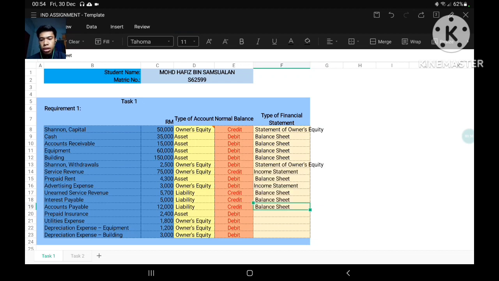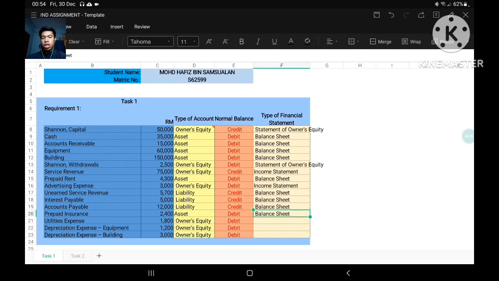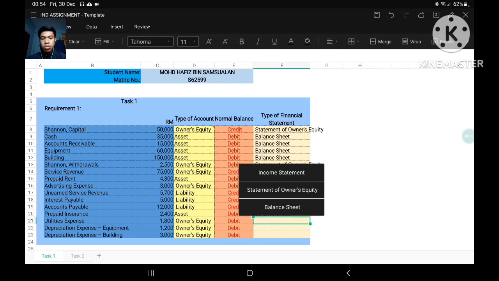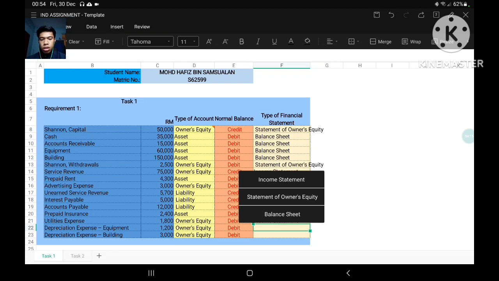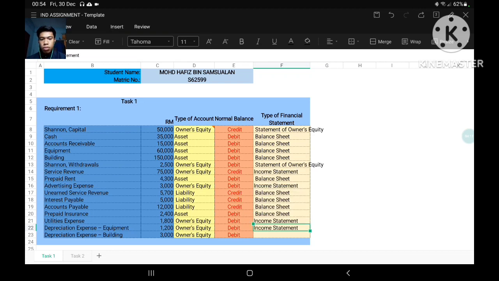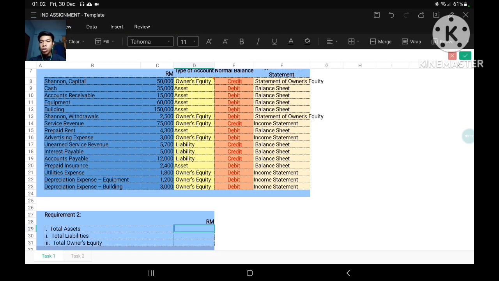Account payable is balance sheet. Prepaid insurance also balance sheet. Next is utility expense is income statement. Also, the depreciation expense equipment is income statement. The last, depreciation expense building is income statement.